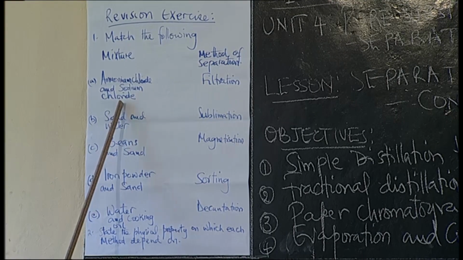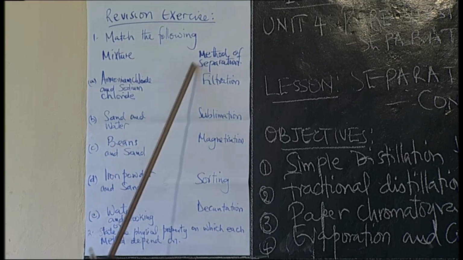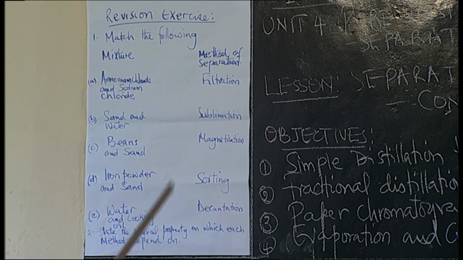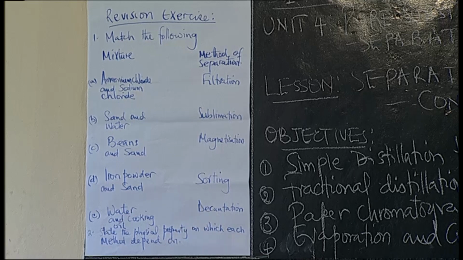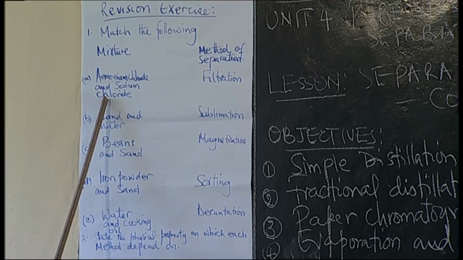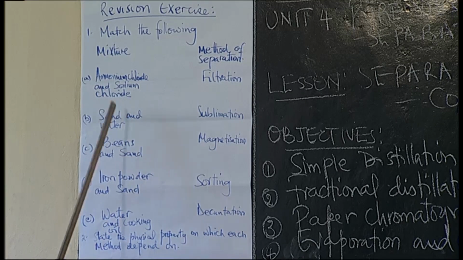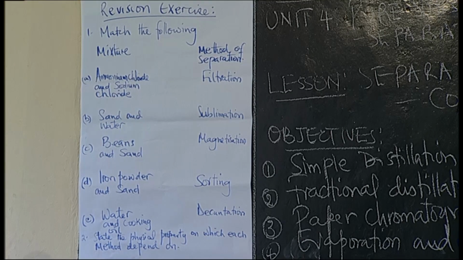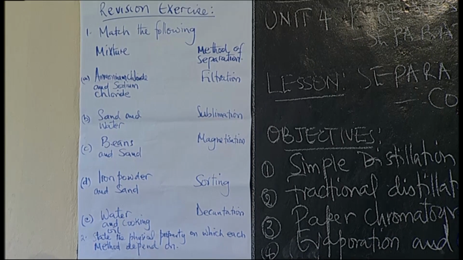And then we're asked to look at the methods among all these methods. These are the methods that are used. And then we see which method we match with the method that can be used to separate this mixture. I'll just give you a few seconds to do that. Very good.